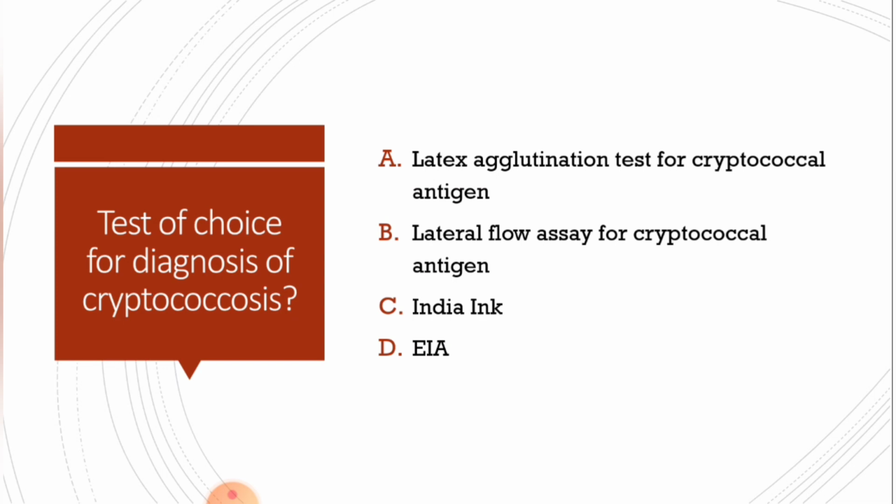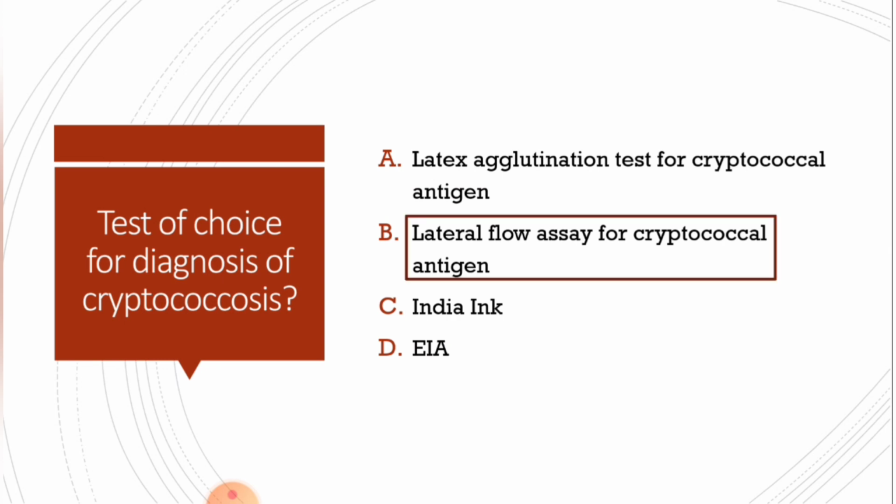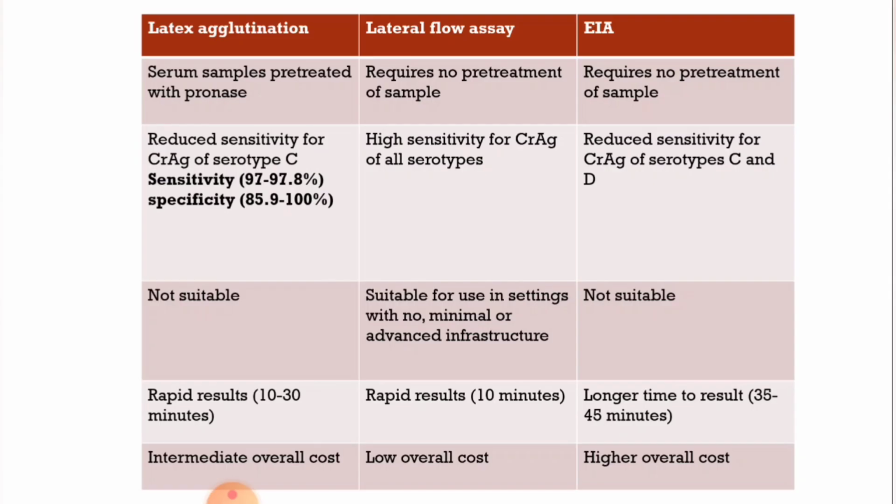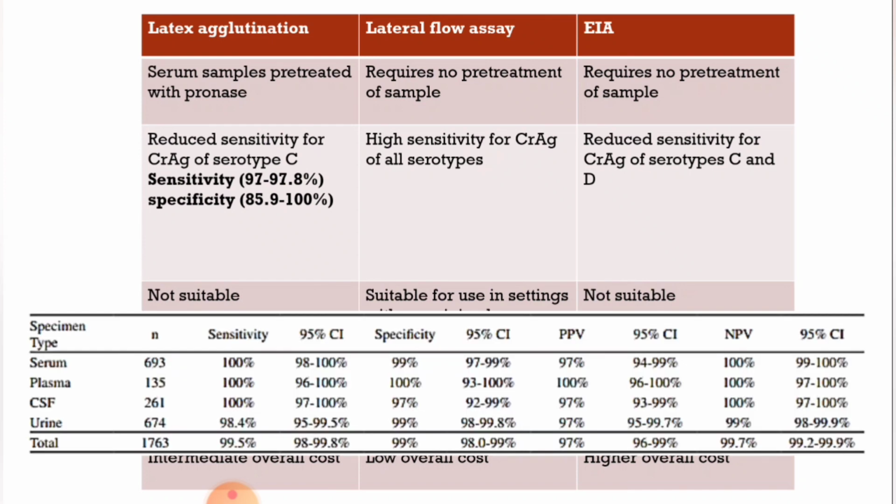What is the test of choice for cryptococcosis? Latex agglutination test, lateral flow assay, India ink, and enzyme immunoassay. It's the lateral flow assay for cryptococcal antigen. This is the test which you will have to do. Why? Because the lateral flow assay is a very simple test which can be done bedside, requires no pre-treatment of the sample, and has very high sensitivity for cryptococcal antigen against all the serotypes and all the samples.